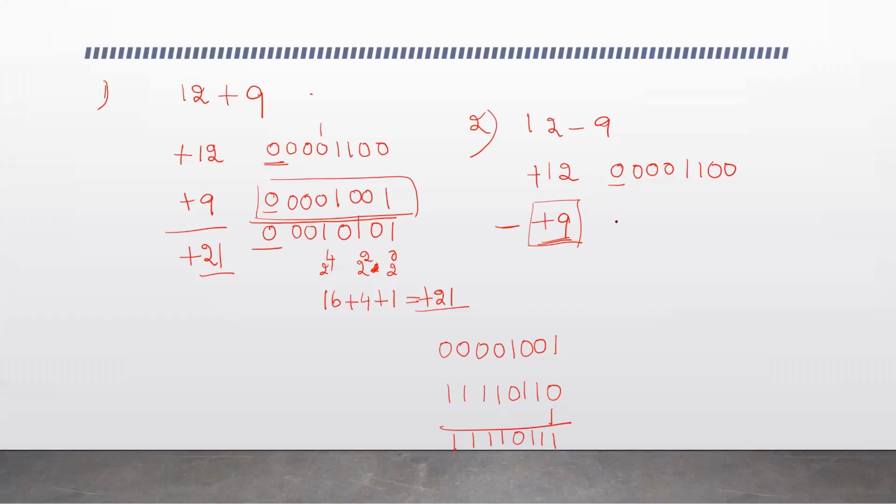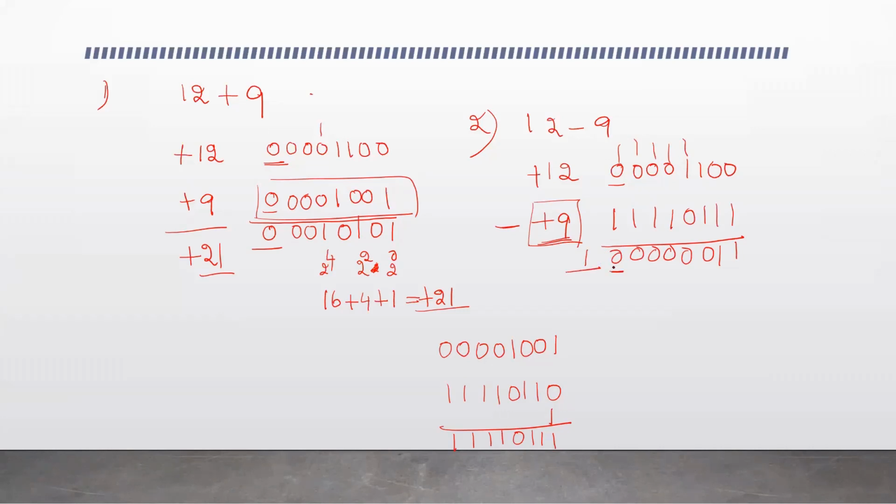Correct? This is the 2's complement of 9. You add this, 1 plus 1 is 0 with a carry of 1, and so on.